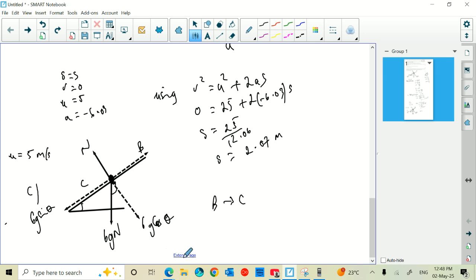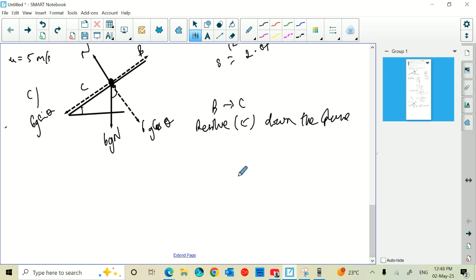So let's resolve down the plane. My writing is very bad, I know, but forgive me. I'm trying to help you with the math.